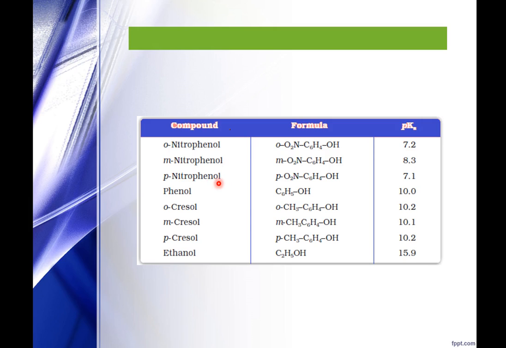Nitrophenol, nitro is an electron withdrawing group, and in cresol, the methyl group is electron releasing in nature. So from this data, you can note that phenol is million times more acidic than ethanol. Here the pKa value of ethanol is also given.